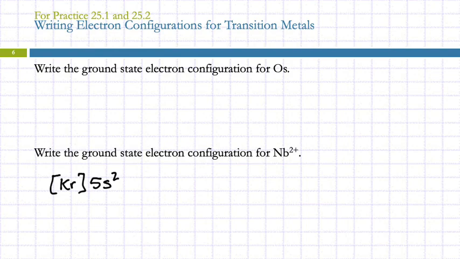where yttrium is, Y, what level is that? 4d. And then we go over 1, 2, 3. Right? 4d3. So that's niobium with no charge. So where are we going to lose 2 electrons?